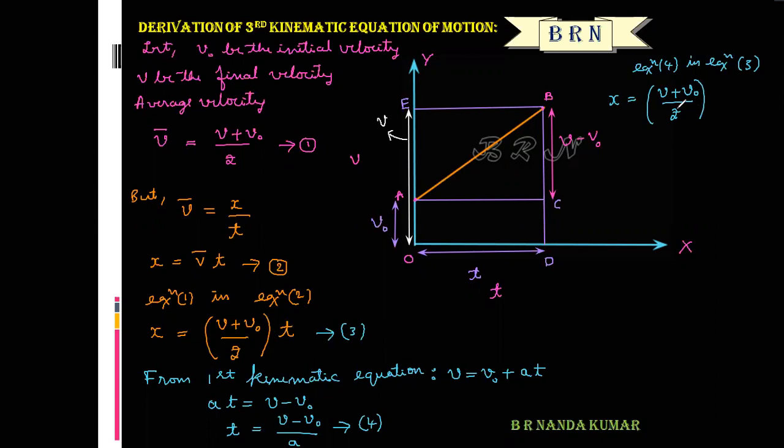The value of t is v minus v naught divided by a, right?